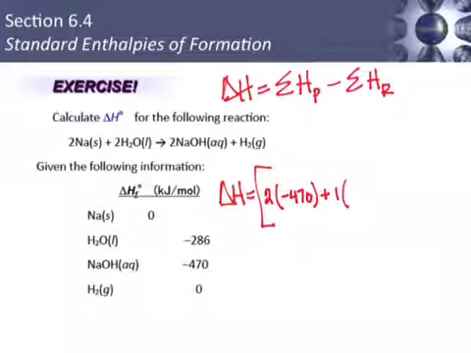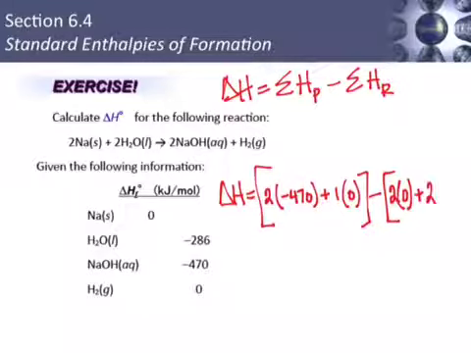The heat of formation for any free element is 0. And then from that total, I'm going to subtract the total here. And that is 2 times the heat of formation of sodium, which is 0, plus 2 times the heat of formation for water, which is negative 286.